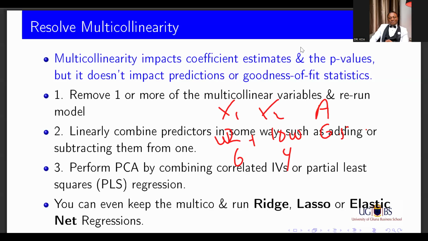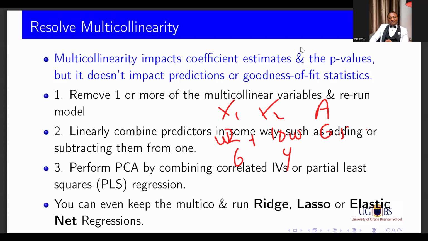You can decide that you will not even touch anything. You just go and use a different model, okay? And the different model you can use here is the ridge regression. The ridge regression doesn't matter whether you have multicollinearity or not. Please, these are called regularization methods. Take note of them seriously. You meet them somewhere.